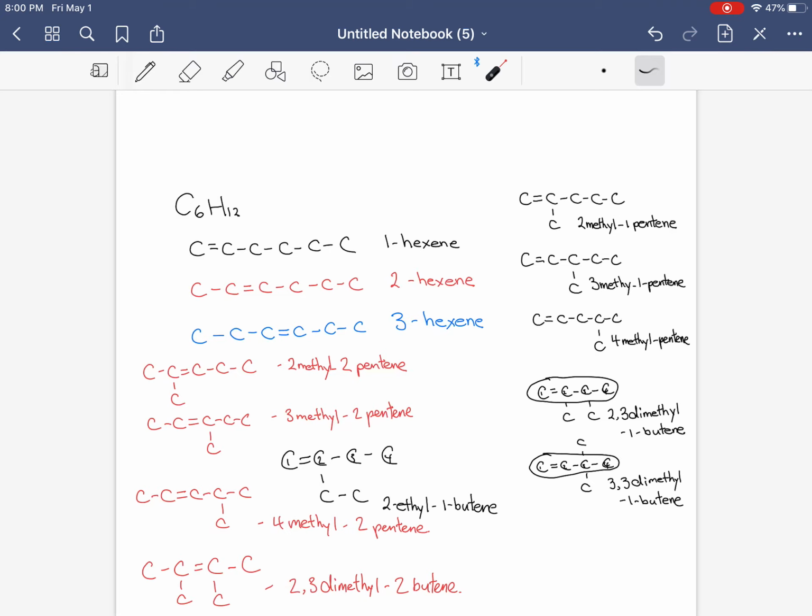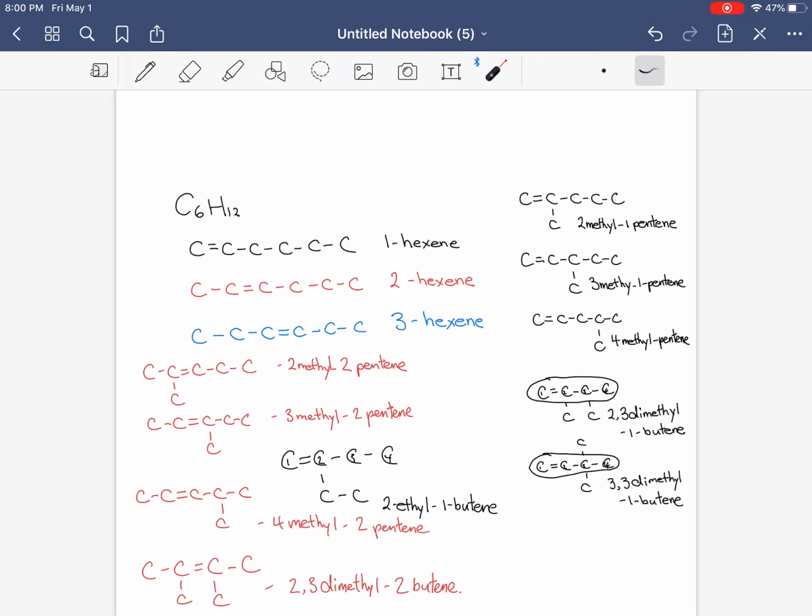So if somebody were to say C6H12, man, that person has a lot of problems because there are 13 different ones just right here, right now. Not to scare you or anything. I can find more. In fact, I can find a lot more.